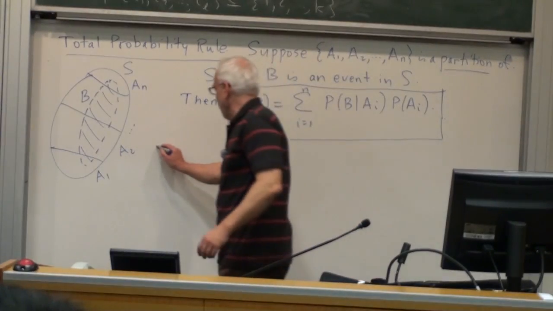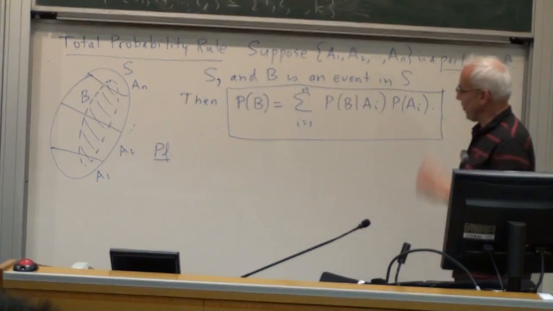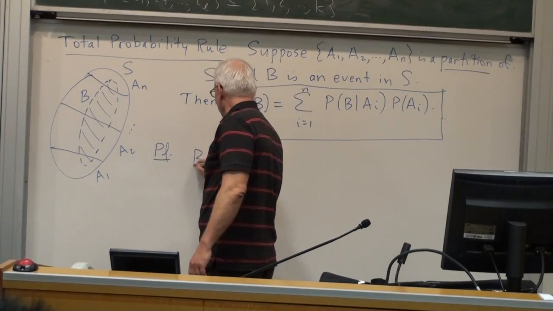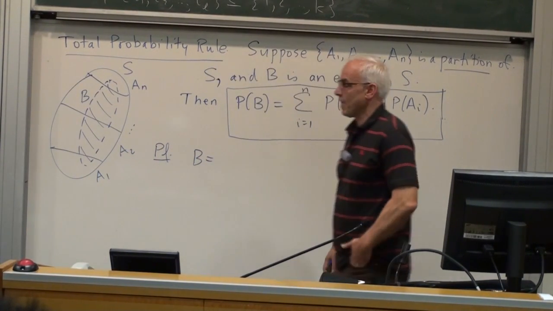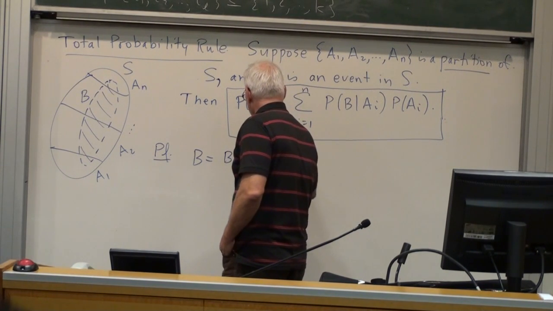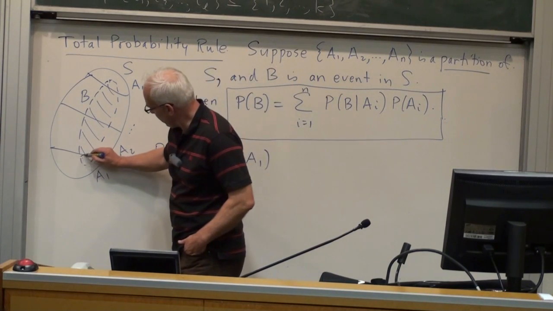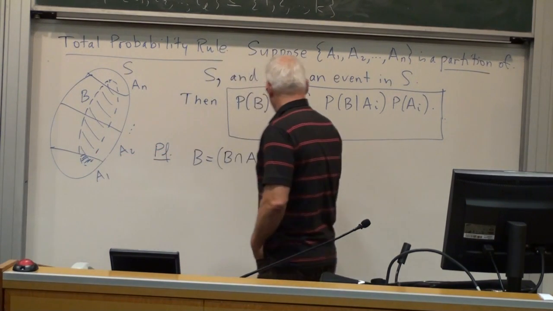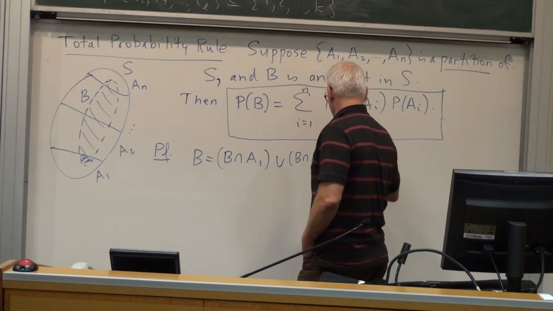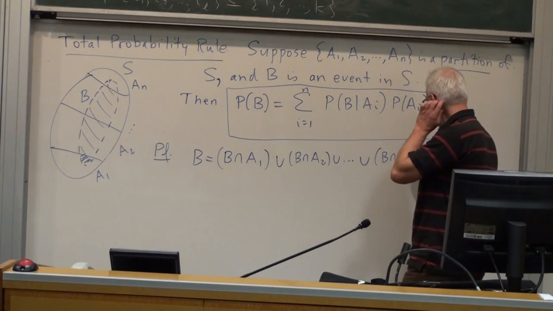Okay, the proof is pretty simple. The proof is an observation that we can write B as B intersect A1, which would be that part of it there. Union B intersect A2, union all the way up to B intersect AN.